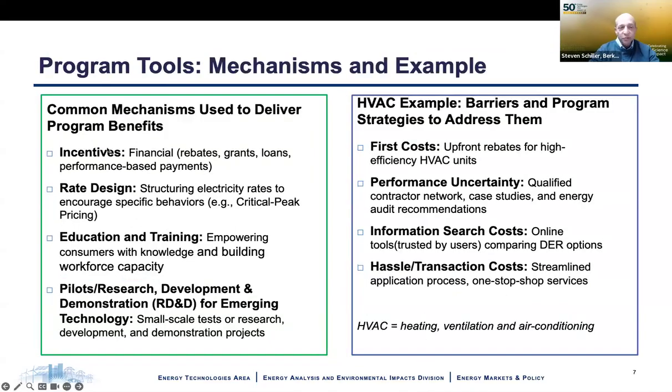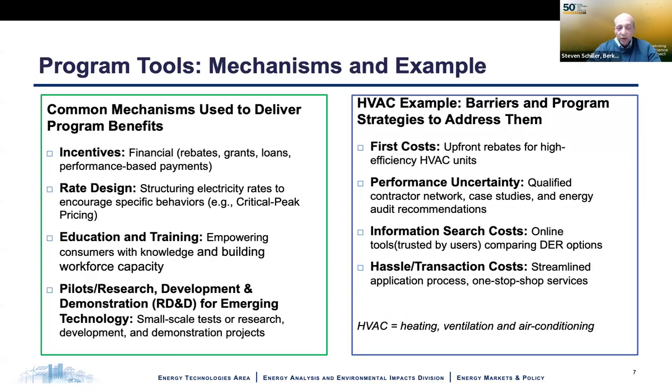So those are some of the tools that can be used when you put together your programs. On the left-hand box here, there's incentives. One that most people think about when they think of programs: providing rebates or grants or loans, perhaps performance-based payments. Rate design, the other probably most common way people think about incenting DERs or other types of behavioral investments, basically structuring the electricity or the natural gas rates to encourage specific behaviors.